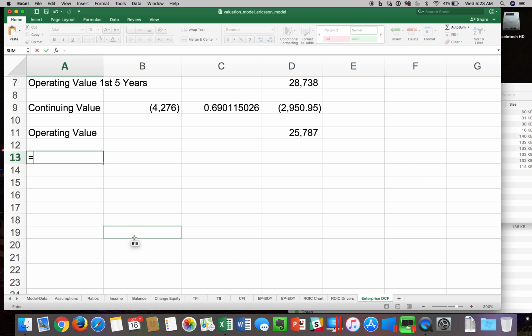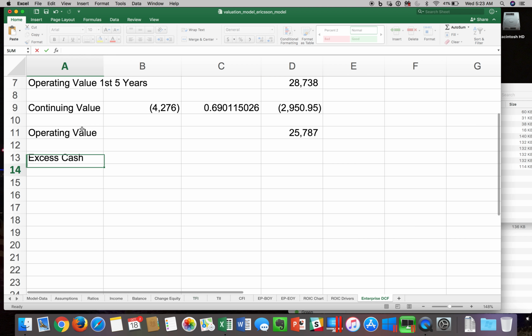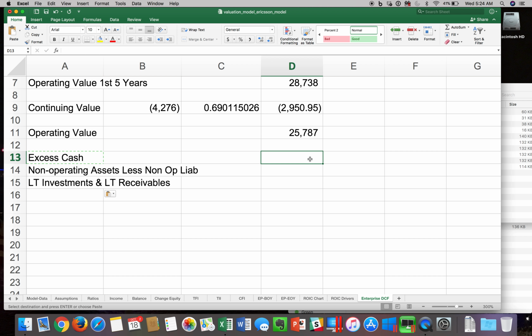Equals, we need to value those. The non-operating assets are TFI, excess cash. Just copy and paste down. Non-operating assets less non-operating liabilities and long-term investments. So here's the thing. The 2016 reported results are already in a present value, and those are the numbers that we're going to use.